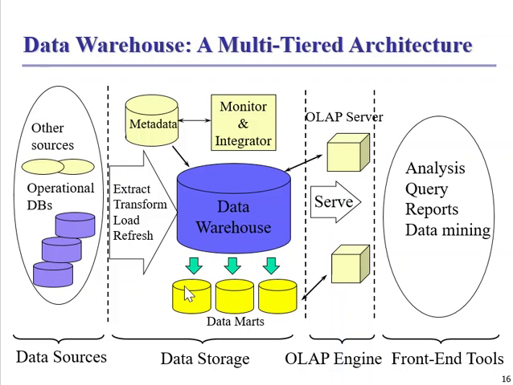They support departmental functions. A data warehouse supports enterprise-wide functions, so we have all the data here. But data marts, you can think of them as mini data warehouses that still support OLAP operations, but they are smaller in scope and support more focused functions.